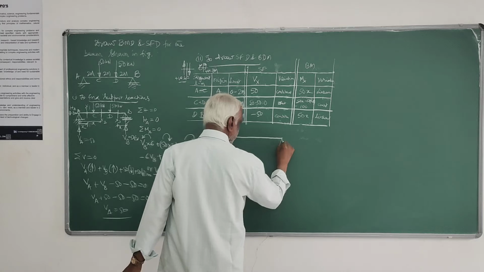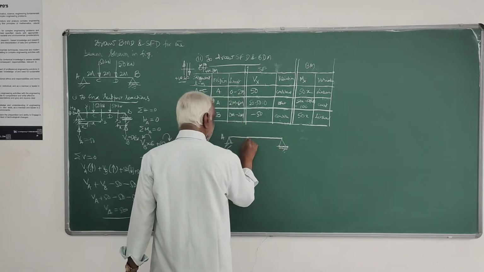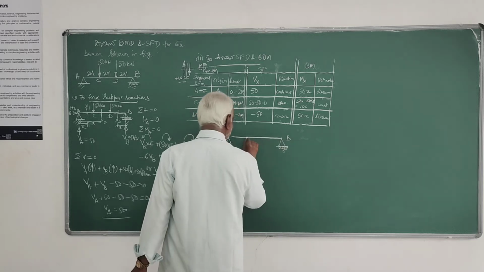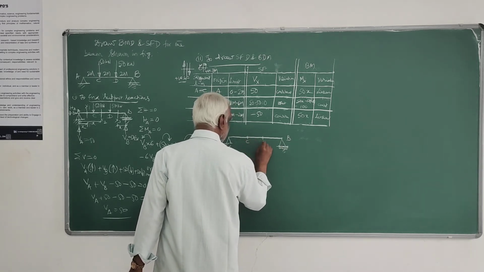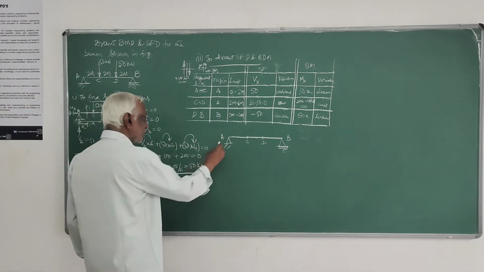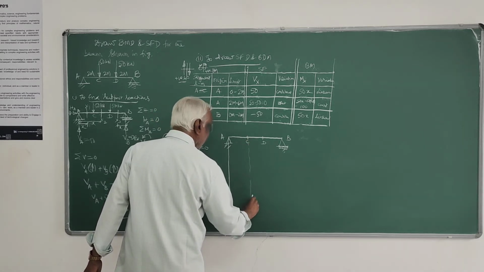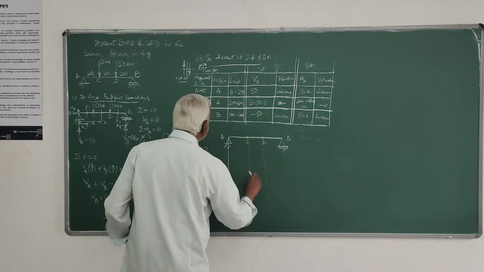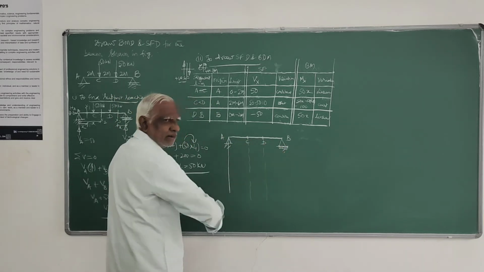So you write the beam, you write all these segments A, C, D, B. Now you plot the bending moment diagram and shear force diagram for these AC, CD, DB.